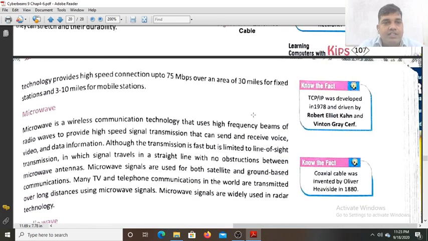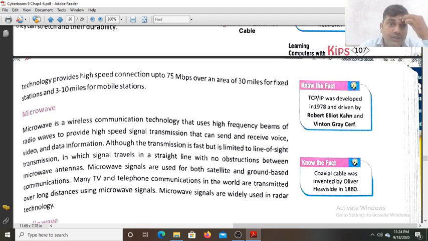This technology provides a high-speed connection of 275 Mbps over an area of 30 miles for fixed stations and 3 to 10 miles for mobile stations. So the range for the fixed station is 30 miles. Suppose you want to be connected with a computer that is not moving, then there is a 30 miles range. 30 miles means around 50 to 60 kilometers.